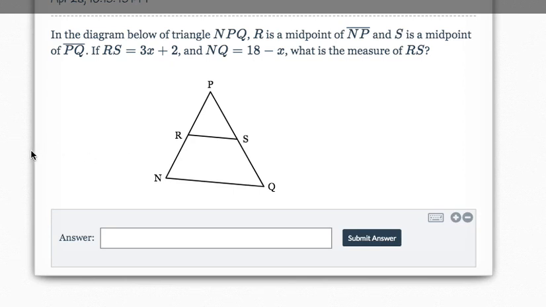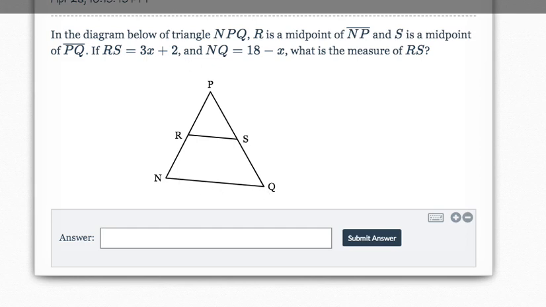In this problem, they tell us that R is the midpoint and S is a midpoint. If RS is 3x plus 2 and NQ is 18 minus x, what is the measure of RS? Now, what is the relationship between RS and NQ?